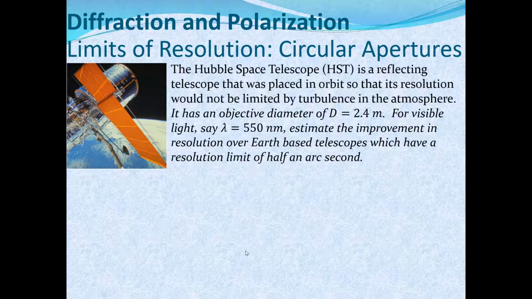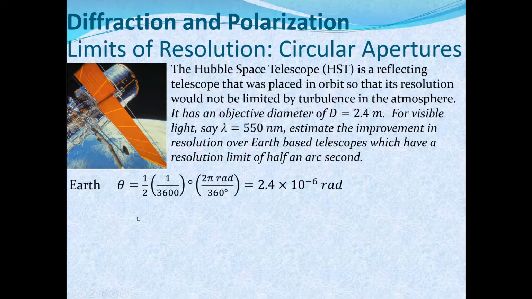All right, so they say that the Earth-based telescopes have a limit of half an arc second. So half an arc second basically is essentially taking 1 degree and dividing it by 3,600. So that's how you get arc second.